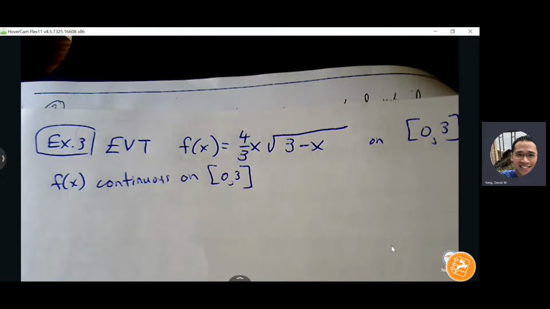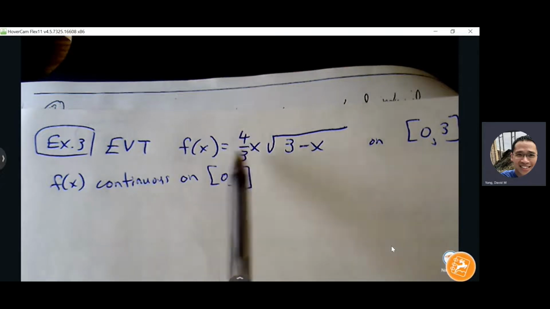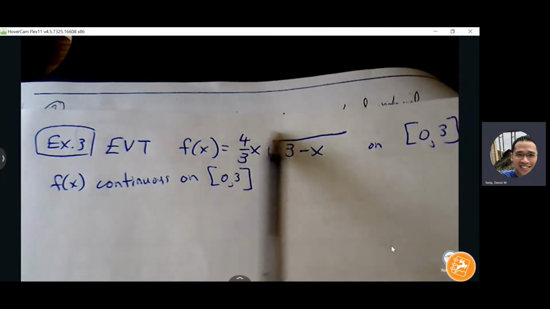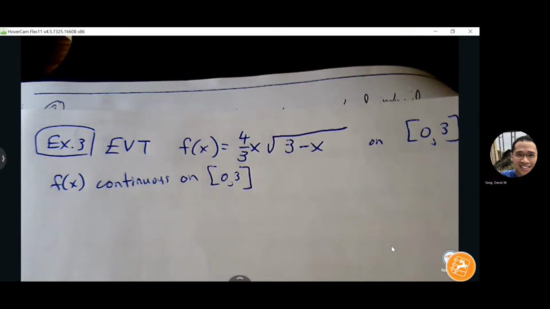Critical numbers means we got to go to the derivative. To get to the derivative, what's involved with this process? Product and chain. Good. All right, so let's set it up.